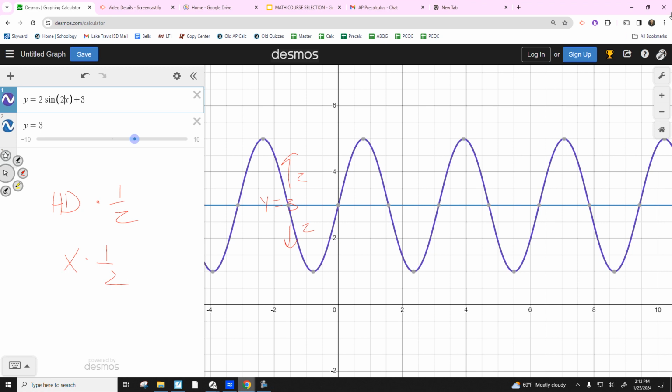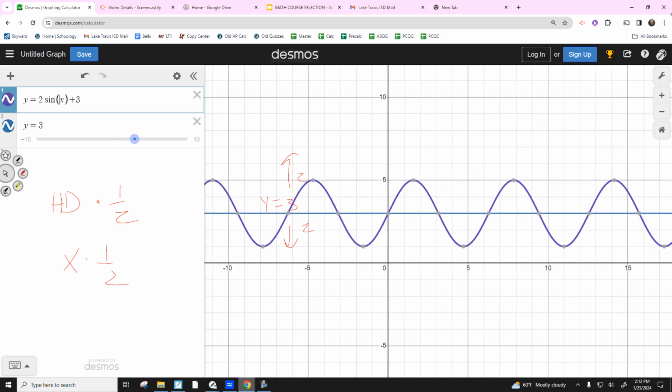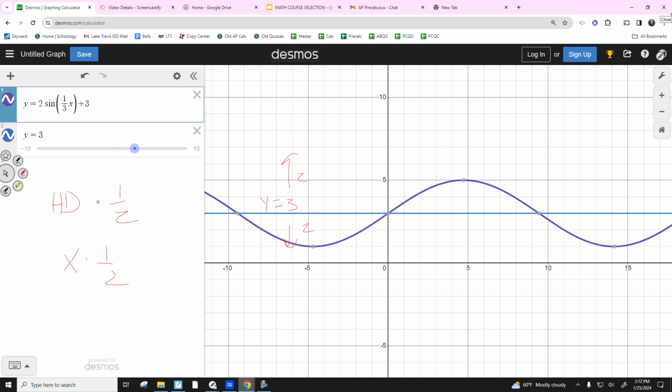Okay, what if I put a 1/3 in front of this x? Tell me what happens to the graph if I put a 1/3 in front of this x. Tell me what the period is going to be. If I put a 1/3, it takes all my x's and multiplies them by 3.